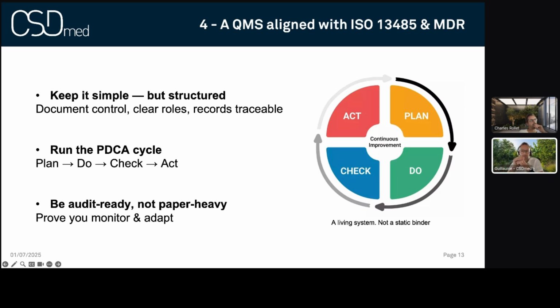Okay. So that's what we look at during audit. Or when you have an investor that performs a due diligence, they are checking if you can prove you know what's happening inside your company through the QMS. And when something goes wrong, that you know what you can do to improve that. So that's the goal of that, okay?